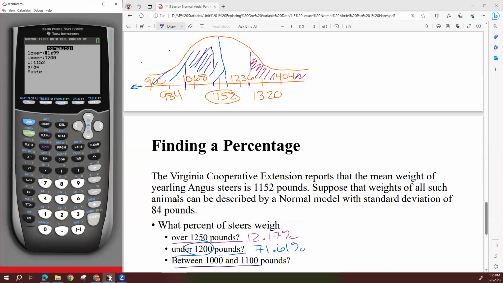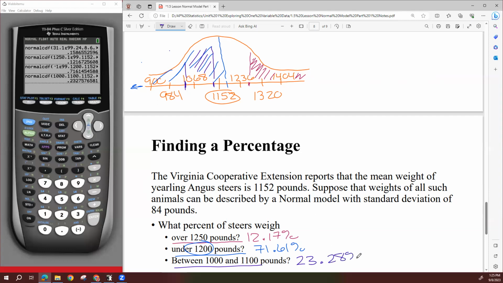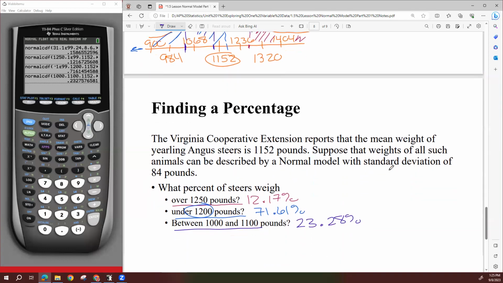This time we'll tell it the left side is 1,000. The right side is 1,100. Same mean, same standard deviation. And so we'll find that 23.28% of the steers will be in that range of weight.